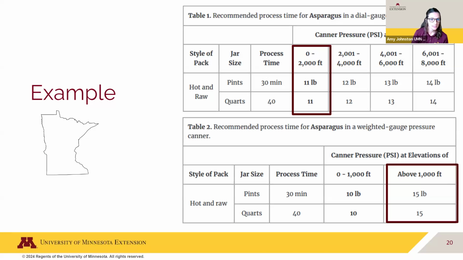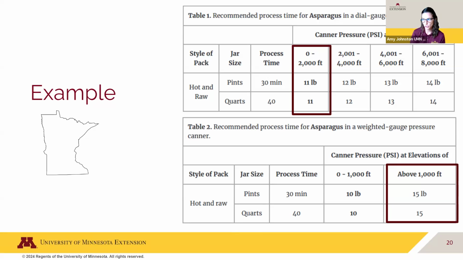When using the dial gauge, which is the chart on top, for an elevation of 0 to 2,000 feet, you can see we need 11 pounds of pressure. And then there's our different processing time for pints and quarts, and we can use either style of pack.